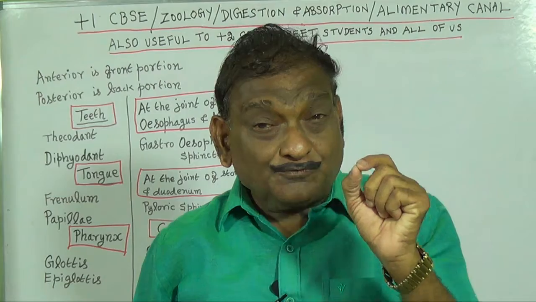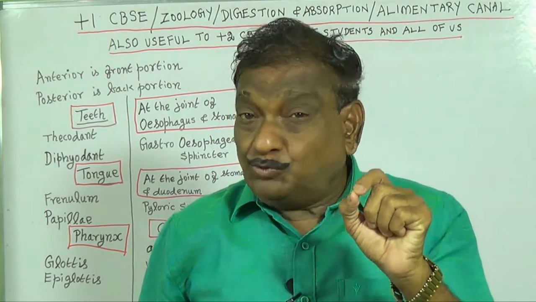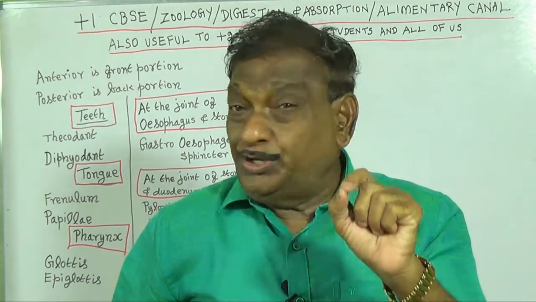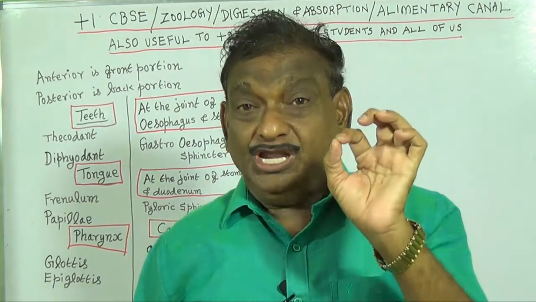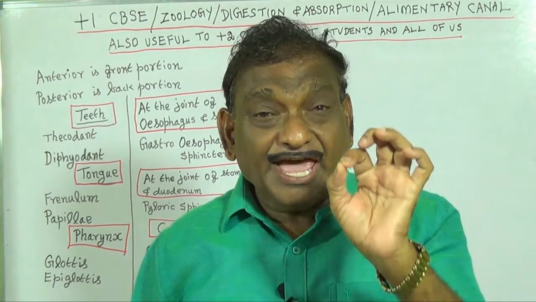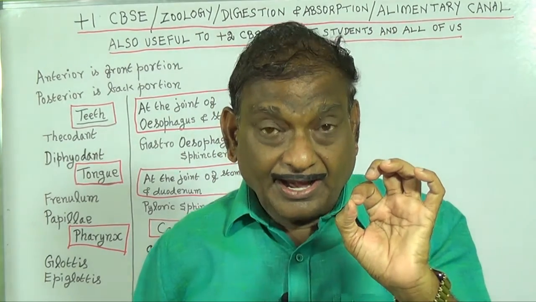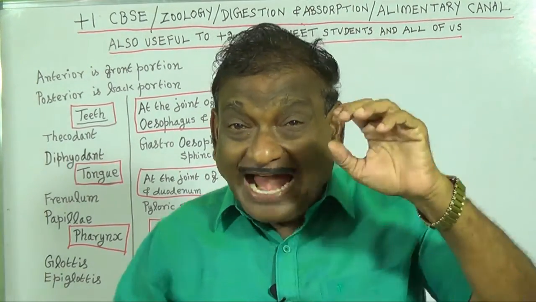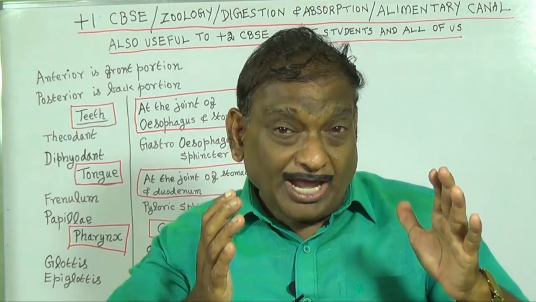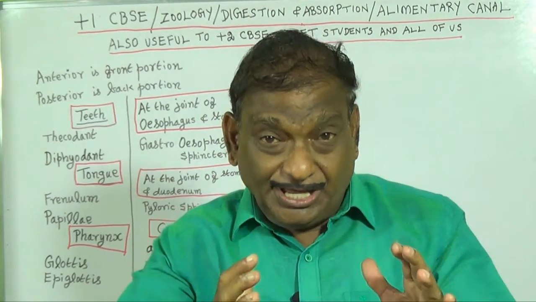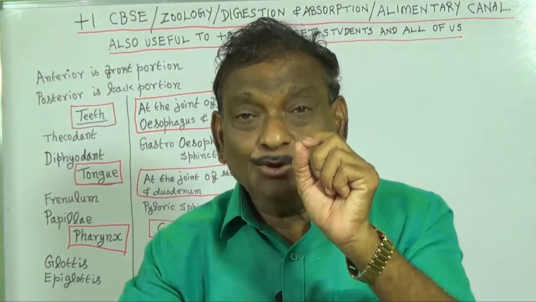In respect of the tongue, we have to know two pieces of information. One is that the tongue is a flexible muscular organ, and this tongue is attached to the floor of the buccal cavity by the frenulum.